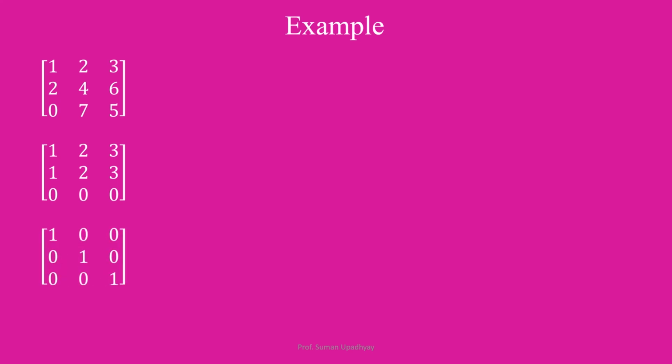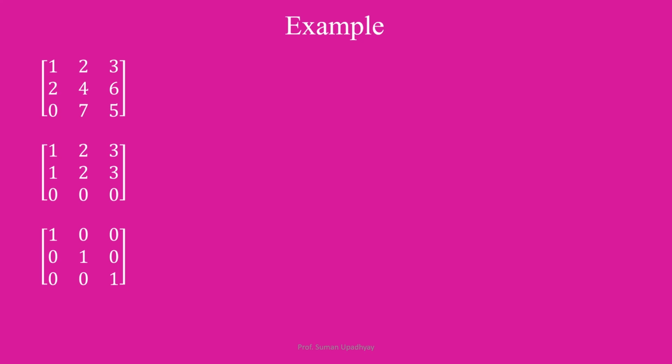In the third example, we can observe that there are no two rows which are the same, there are no rows which are multiples of another row or column, and there is no row containing all entries as 0. Therefore, the rank of the given matrix is going to be 3.